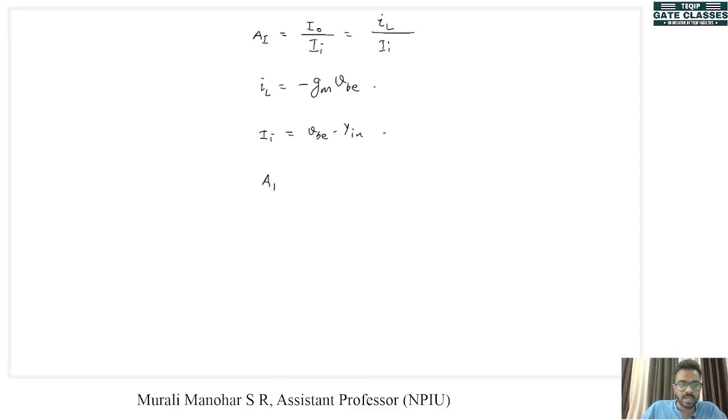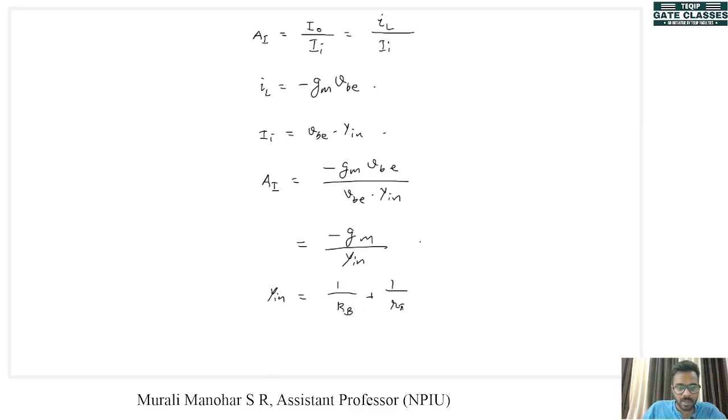Now we can write AI is equal to minus GM VBE divided by VBE into Y in, that is equal to minus GM divided by Y in. Y in is equal to 1 by RB plus 1 by R pi plus j omega into C pi plus C mu.